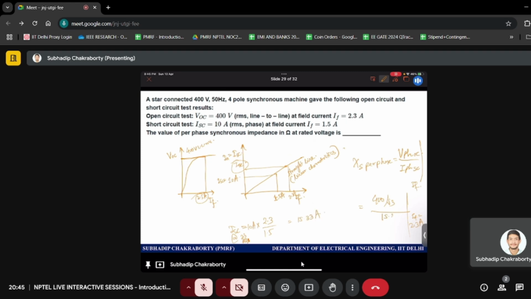So this 15.33 we can write, and then we get the ZS, synchronous impedance, per phase, right? Because impedance is per phase always. So around 15.06 ohms I am getting ZS, obviously in per phase.